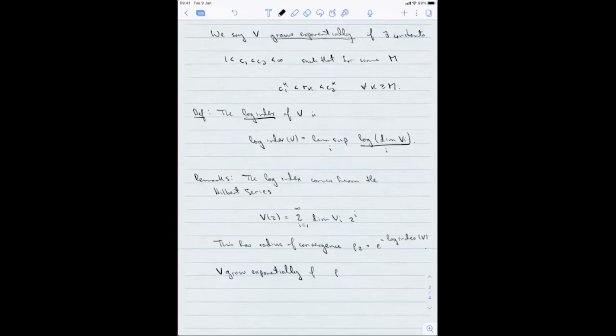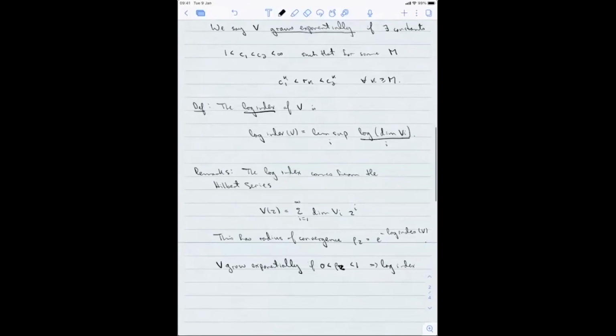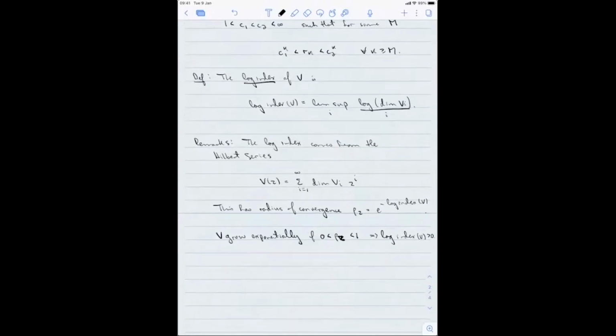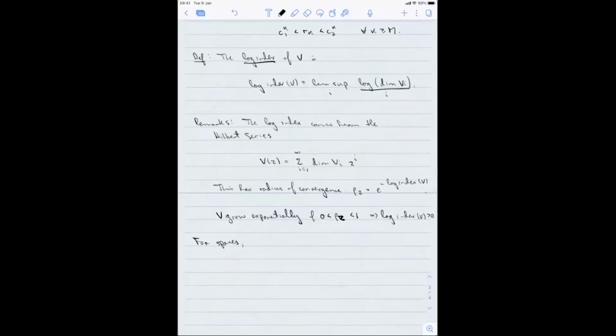If this radius of convergence is between 0 and 1, that implies that this log index is bigger than 0. So in terms of spaces, let's set the log index.